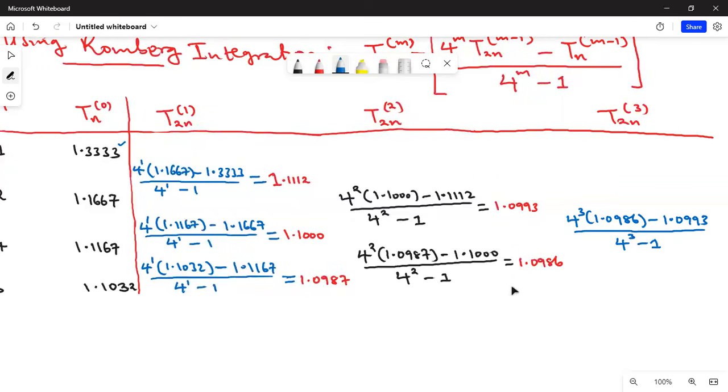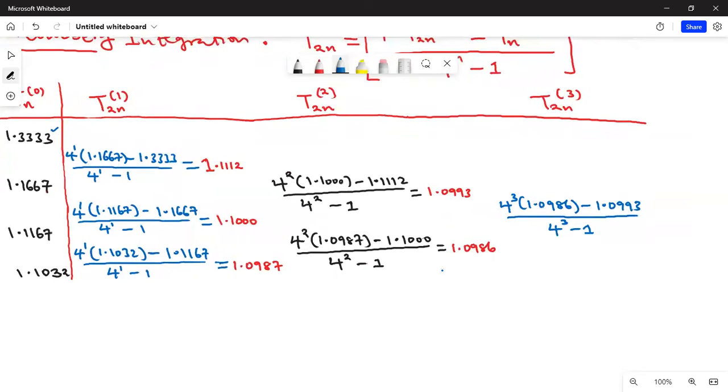When you press this in your calculator, you need to get 1.0986. So the last value that we have found here is very much important for us.